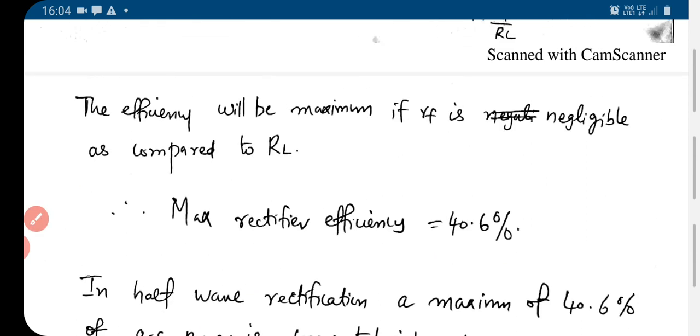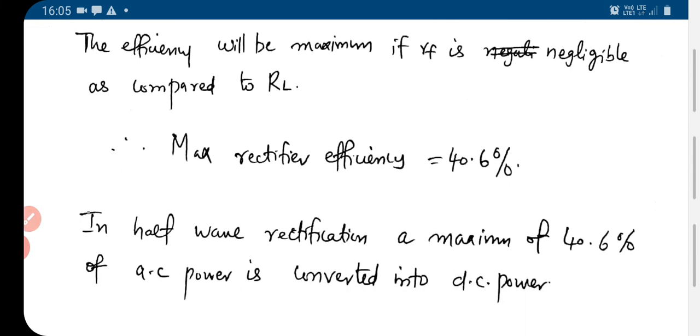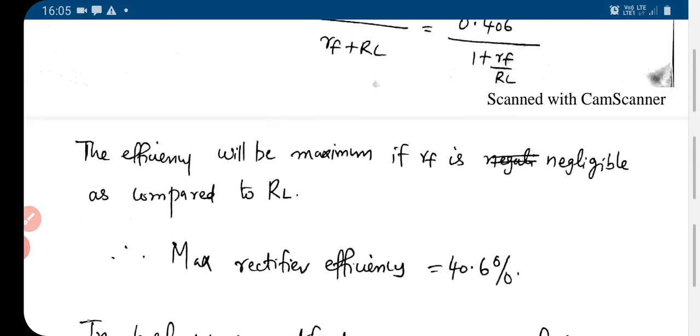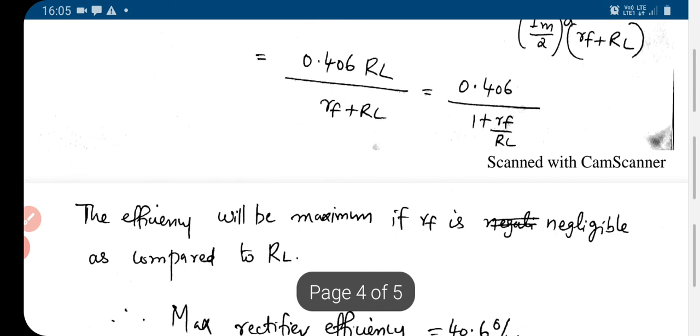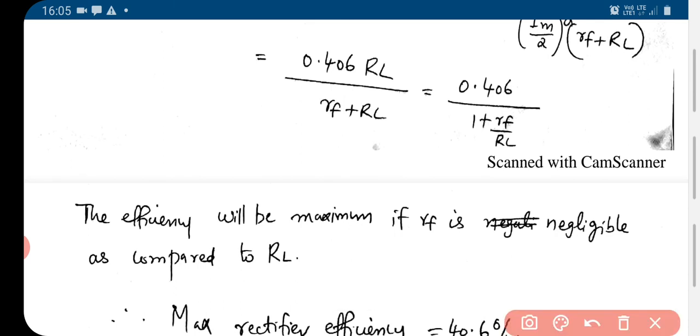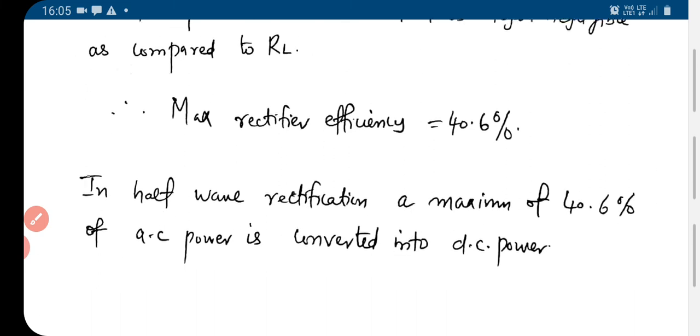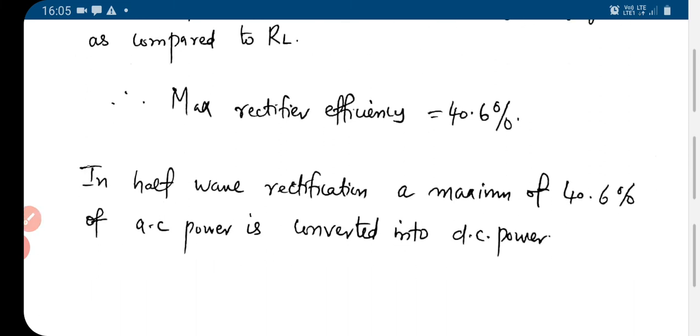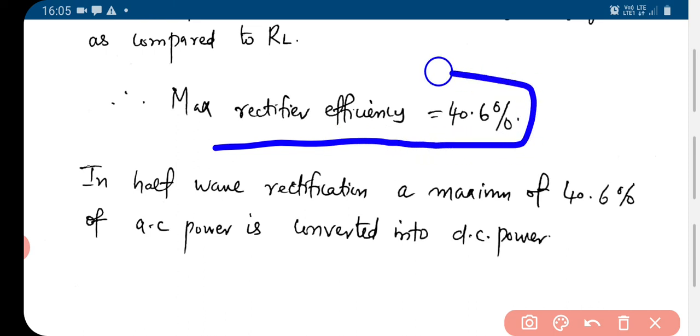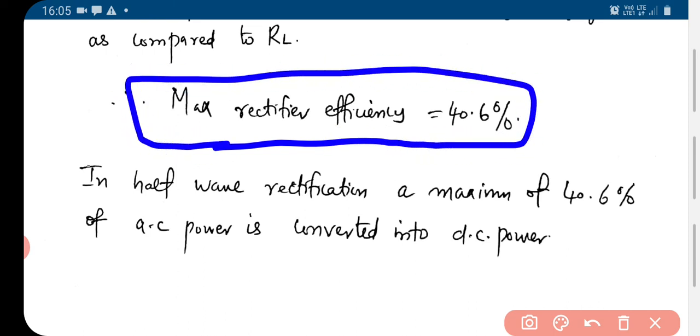That is the maximum efficiency we can get if we neglect the forward resistance of the diode. If this is 0, then you will have 0.406, that means 40.6%. So the maximum rectification efficiency for a half wave rectifier is 40.6% only.